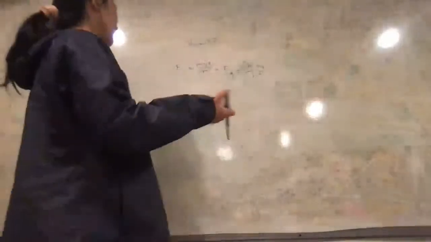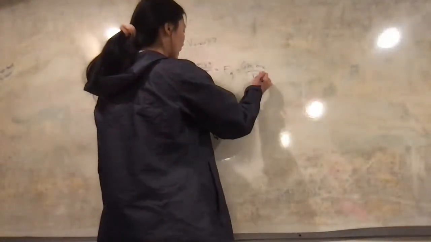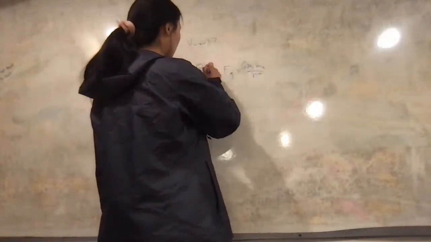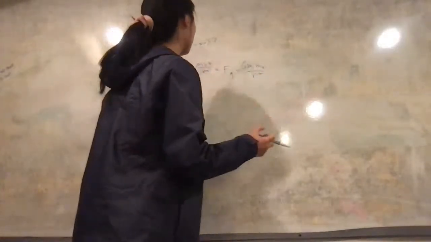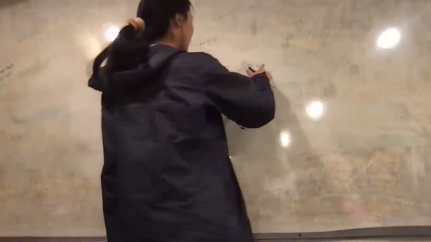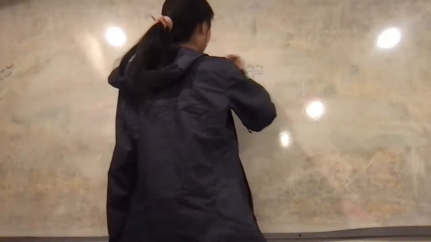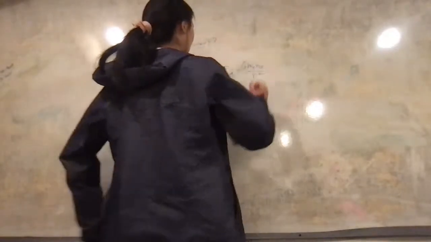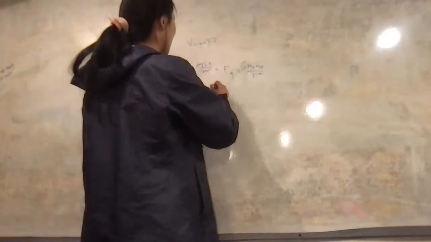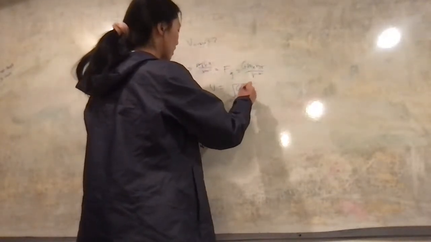In this case, the radius is the same, so we can cancel that out. Say this is mass of Earth and mass of satellite. So we can cancel out the mass of satellite. And then we get v equals square root of G mass of Earth over R.